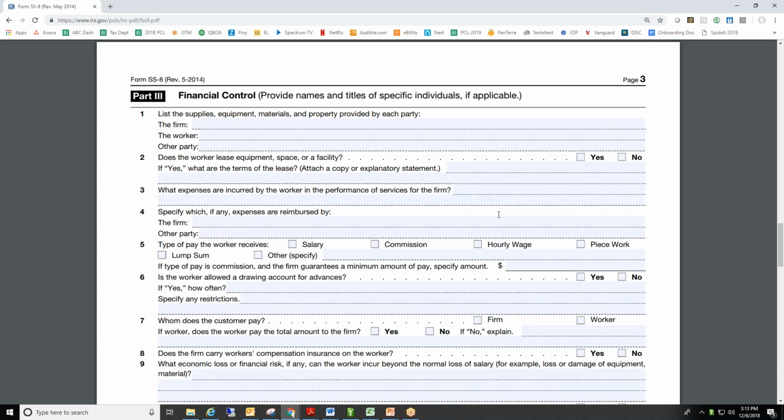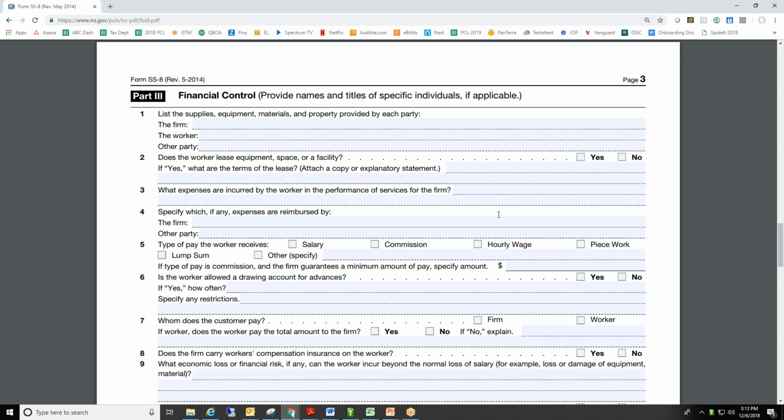Now, then it goes to financial control. It asks you to list out the supplies, equipment, and materials that are needed, and who provides that: the firm, the worker, or another party. So again, who provides the equipment? If the firm is providing the equipment, it's probably an employee situation.